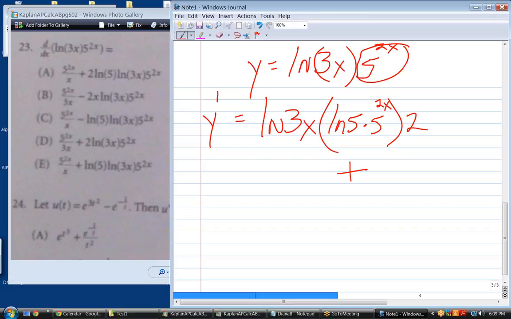You'll use that tremendously in differential and integral calculus. So it would be 3 over 3x, which makes it 1 over x, which is interesting, isn't it? That means the derivative of the natural log of x is the same as the derivative of the natural log of 3x.